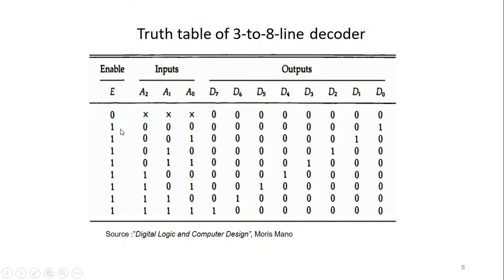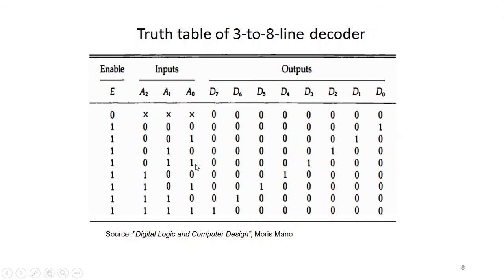So for enable 1, for the input 0, 0, 0, the output is 1, 0, 0, 0, 0, 0, 0, 0, and the only line having the output value 1 is the D0 line. When the input is 0, 0, 1, only D1 has a high value, and when it is 0, 1, 0, only D2 has a high value.